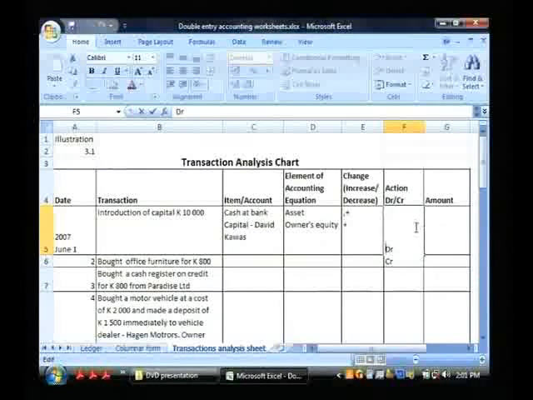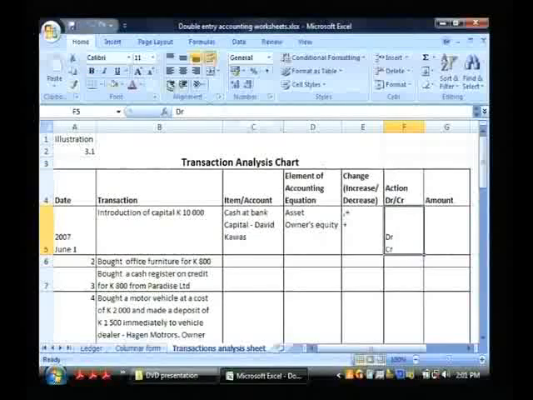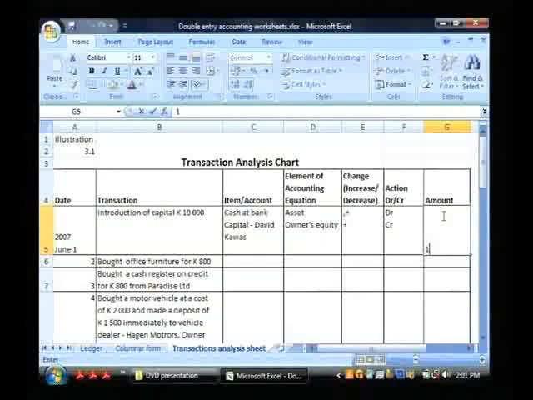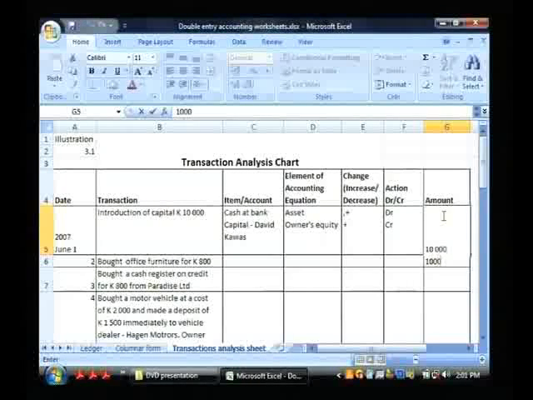Here we can see cash at bank is an asset, and an asset increase means debit. Capital increases, therefore the capital account is credited. The amount involved is 10,000 kina for both.